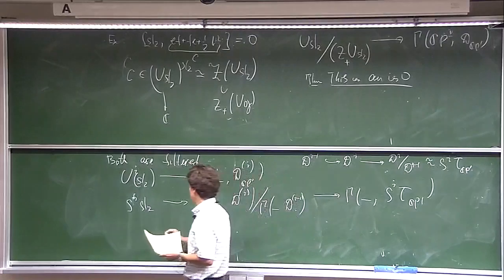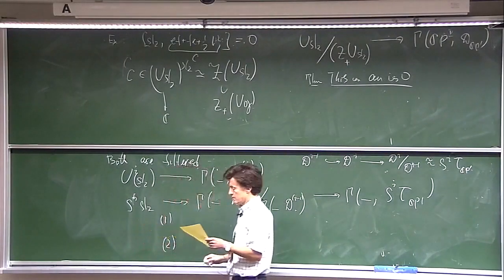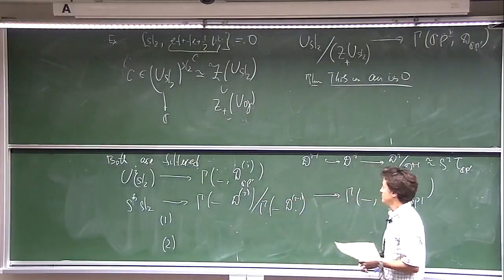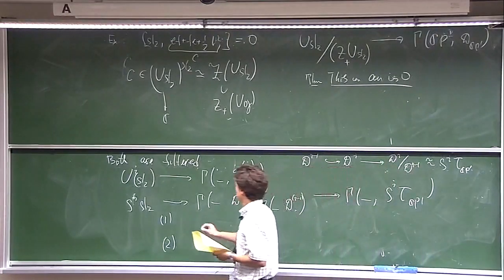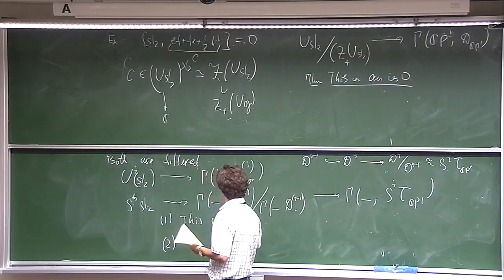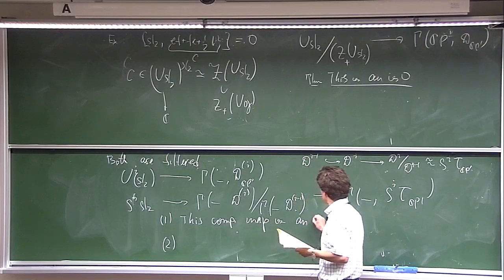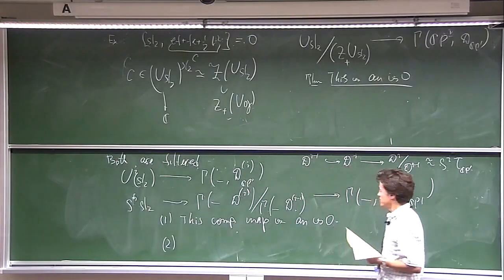Now, we will verify two statements. First, this composite map is an isomorphism.